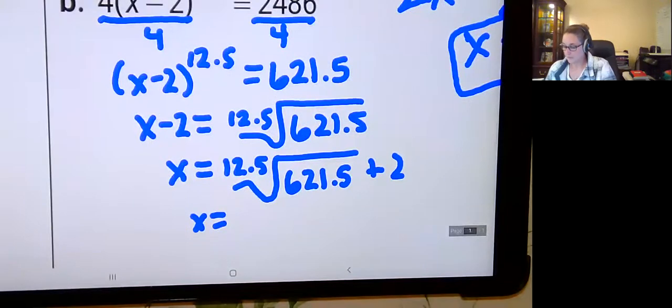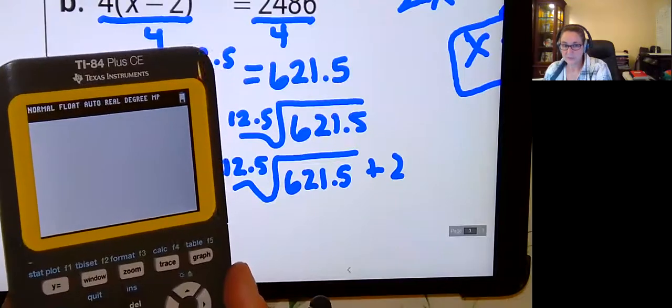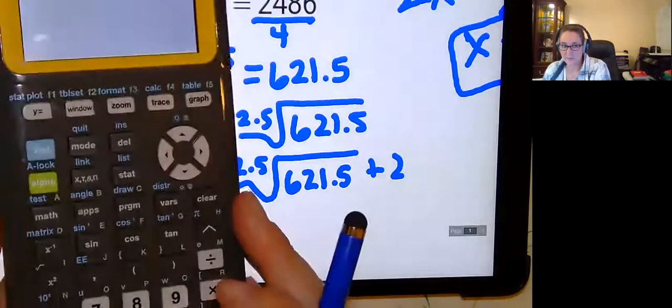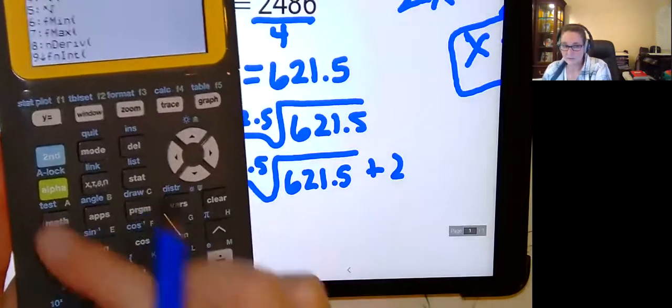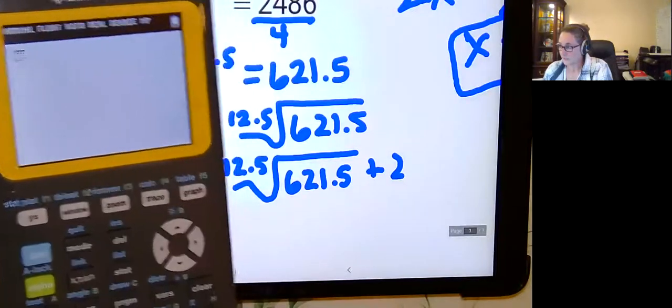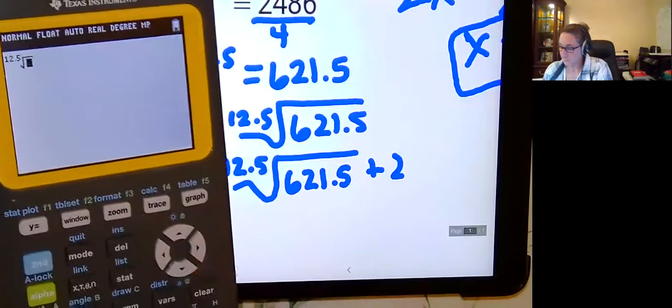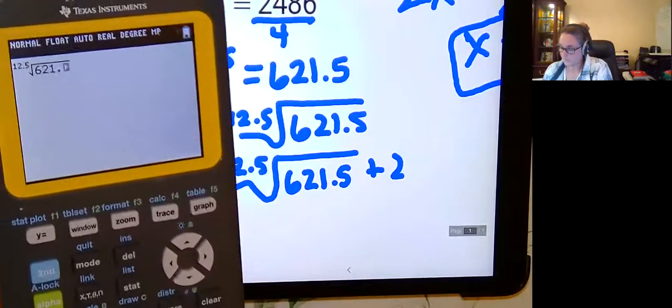Okay. And again, let me put that in my calculator. To put that in my calculator, I'm going to hit the math button, and it's going to be number 5. And I'm going to go 12.5, and then I have 621.5.